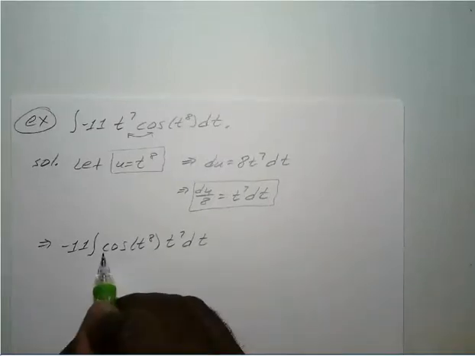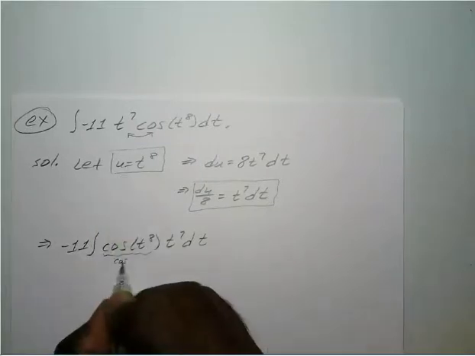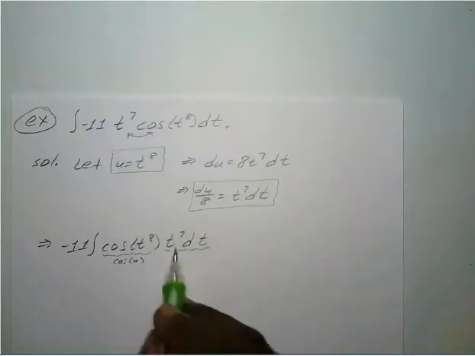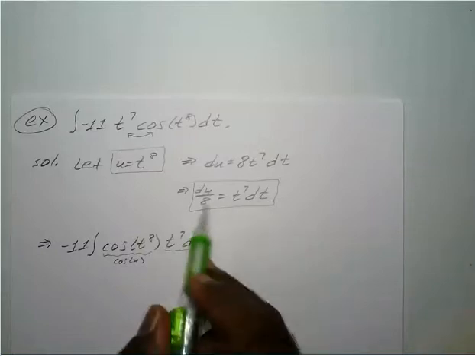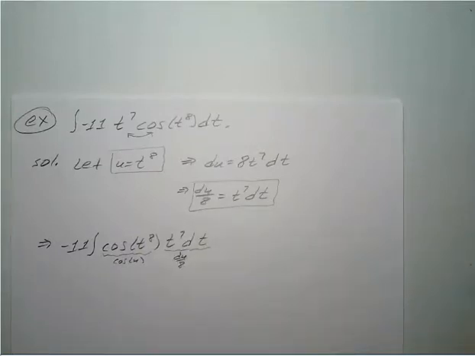You can see here, since our t to the 8th is our u, this is just cosine of u. And this part, t to the 7th with respect to t, is just our du over 8.